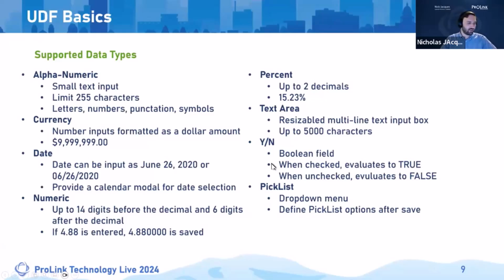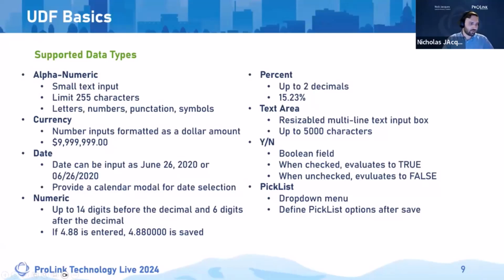Text area is very similar to the alphanumeric field, except it is much larger, as you might imagine. And that supports up to 5,000 characters of data. The yes, no field is simply a Boolean field. So when checked, it'll evaluate to true, and when unchecked, it will evaluate to false.